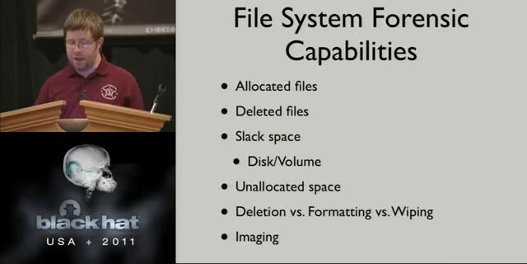The unallocated space on the disk has the potential to hold data as well. So between deleted files and unallocated files, typically a deleted file is one where we've deleted it and the data is still out there, but we also still have the master file table record, we have the FAT entries, and that sort of stuff that points to where it is.